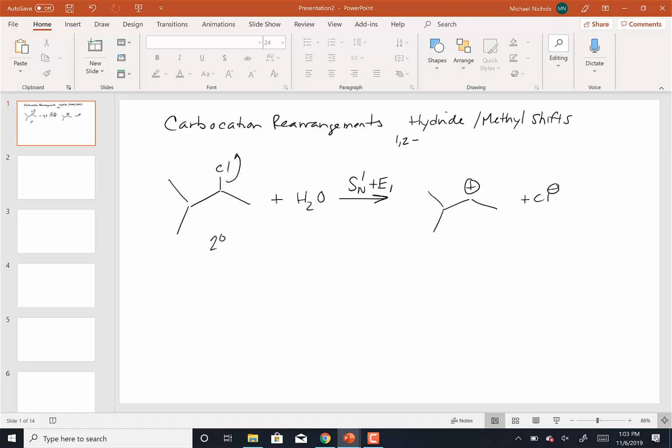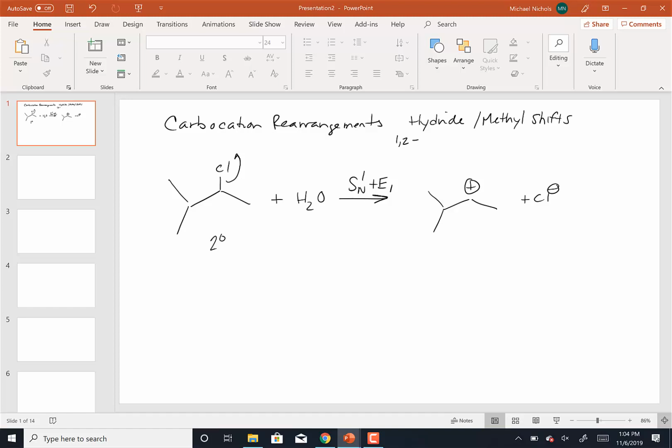Okay? Because otherwise you could rearrange everything. So in this mechanism, let's say my direction is to write the rearranged SN1 product. Then our first step would be to break the carbon-chlorine bond, and now we're going to rearrange.